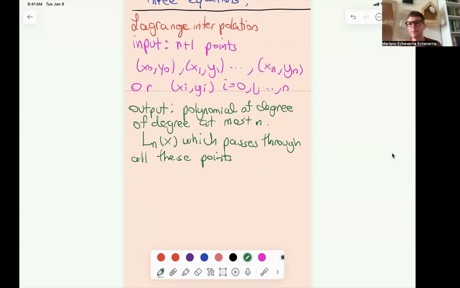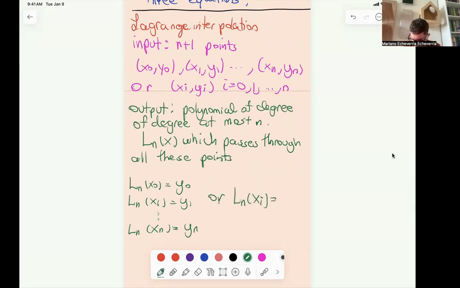So what does that mean in practice? In practice, that means that ln of x0 would be y0, that ln of x1 would be y1, dot, dot, dot, that ln of xn would be yn. But again, it's nicer to write it using the indices, or if you prefer, you can write it as saying that ln of xi equals yi.